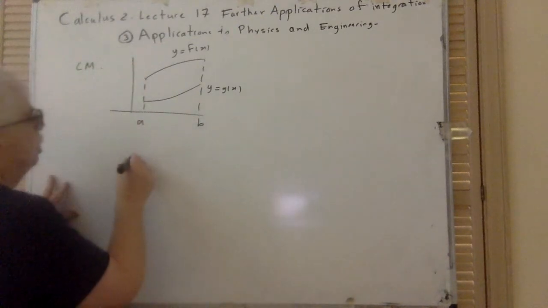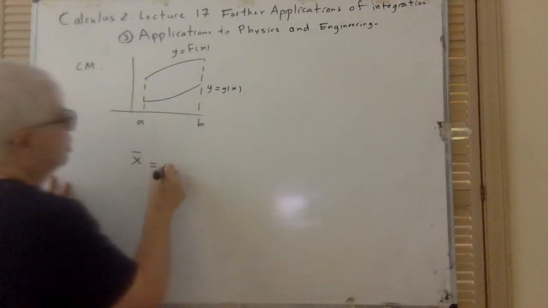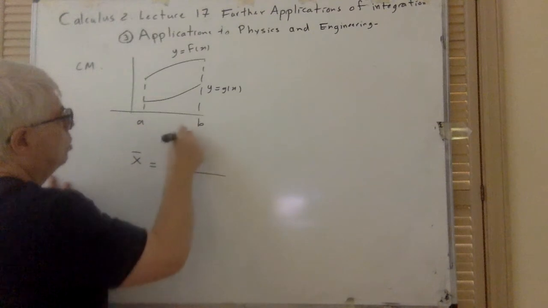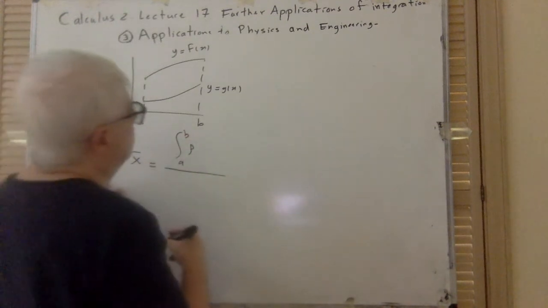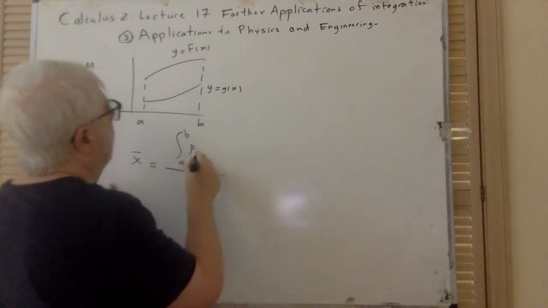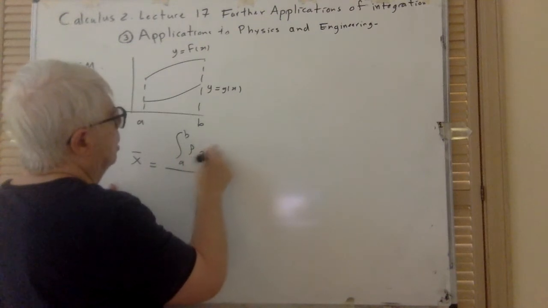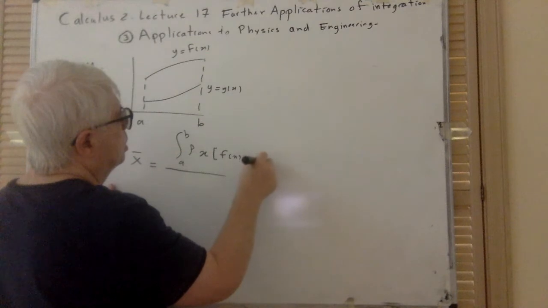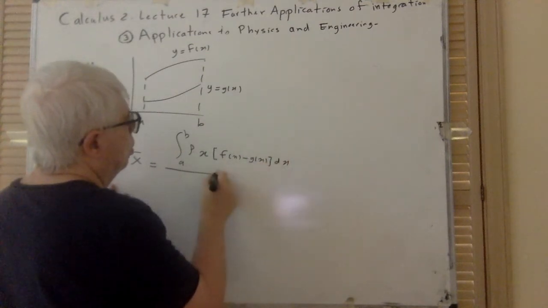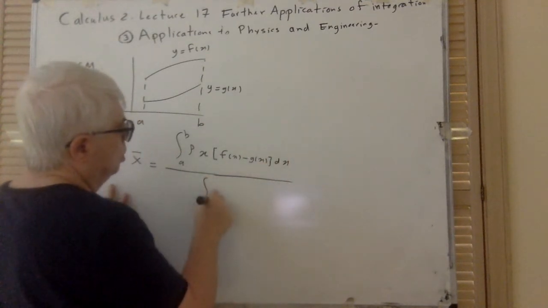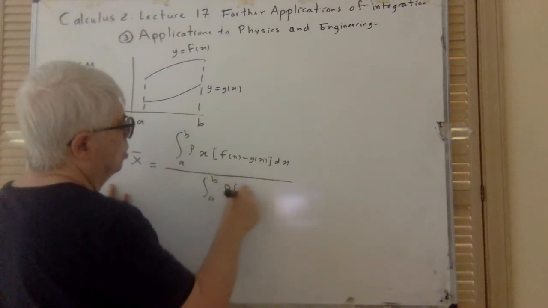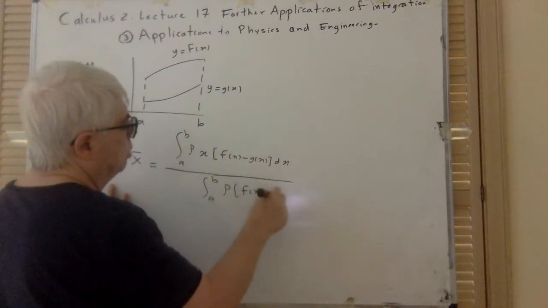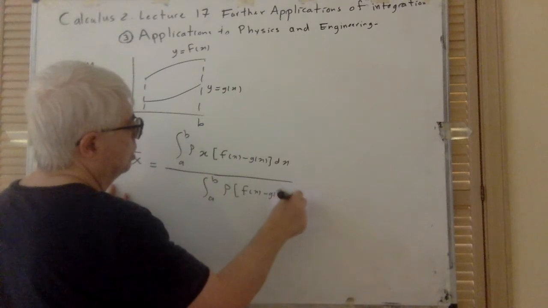Then x bar was the integral from A to B, let's write rho, times x times f(x) minus g(x) dx, over mass, which is the integral from A to B of rho times f(x) minus g(x) dx.